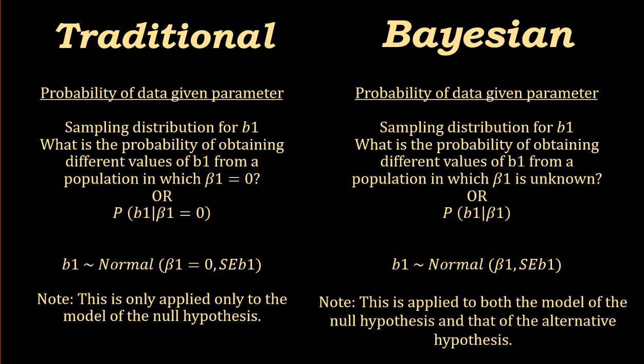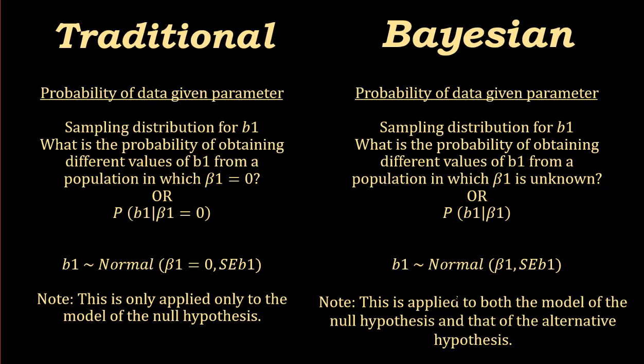So what about this probability? Well, we give a bit more information. We say that B1 is normally distributed with mean 0, and standard deviation the standard error of B1, which there is a formula to calculate, but we are not going to go through that here.